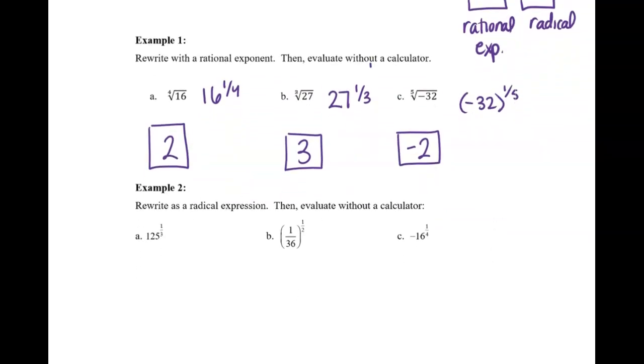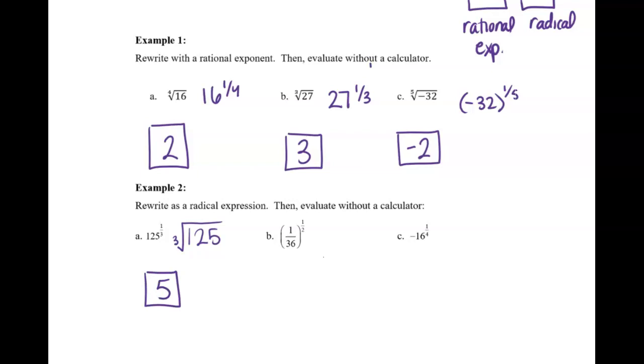This one, we're starting with a rational exponent. We rewrite it as a radical. 125 to the 1/3 is the same as the cube root of 125. And for me, the roots are easier to solve in my head, but whatever works for you guys. So what cubed equals 125? So our answer is 5.